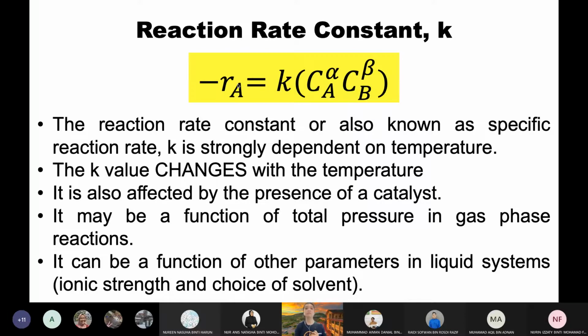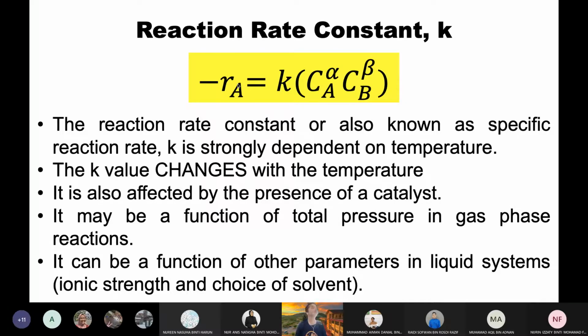So sebab tu design reactor tu, volume reactor tu akan terganggu ataupun the design will be affected by the change of temperature. Okay, so that's one important thing. So kamu tengok kenapa pengiraan dia akan berubah sebab minus RA akan dikacau. Kenapa minus RA dikacau? Sebab K dikacau. Kenapa K dikacau? Sebab suhu telah dikacau juga. So that's the correlation.